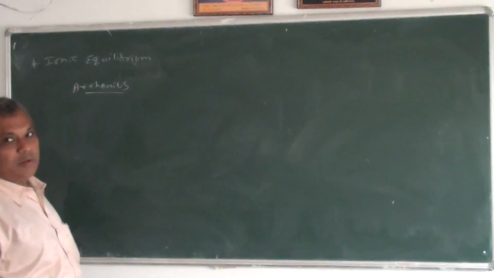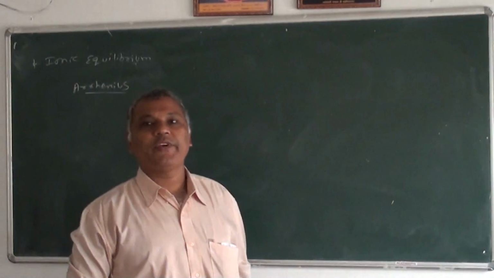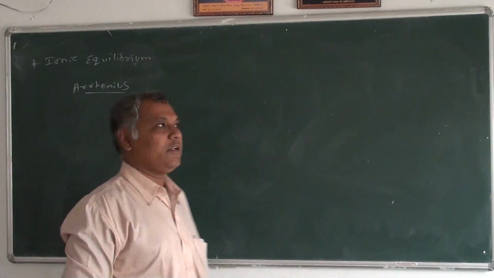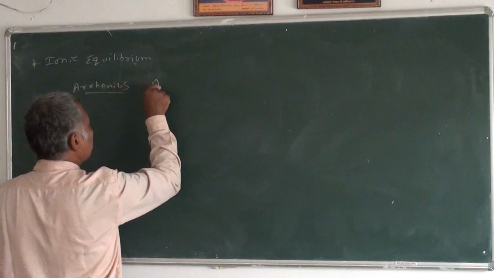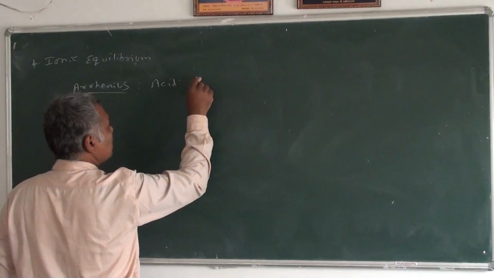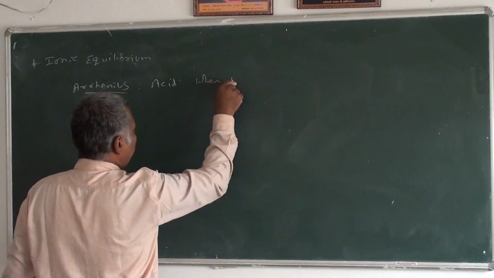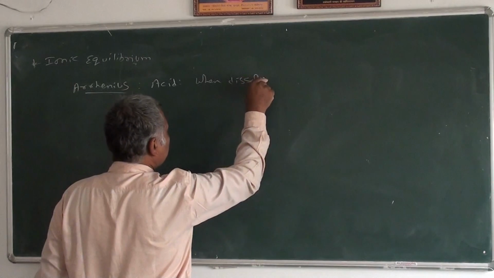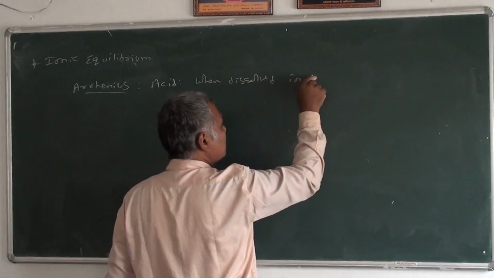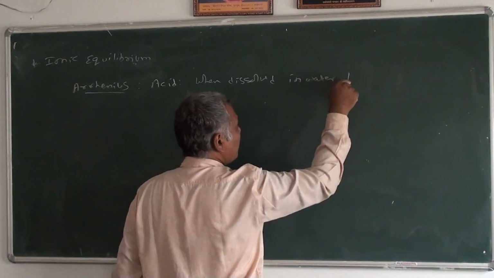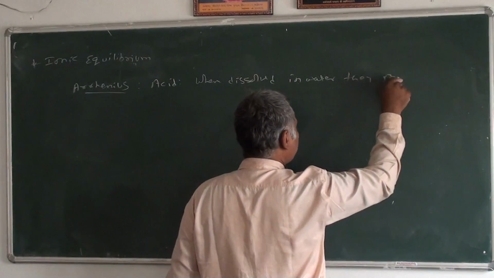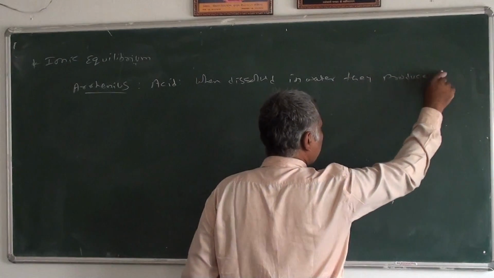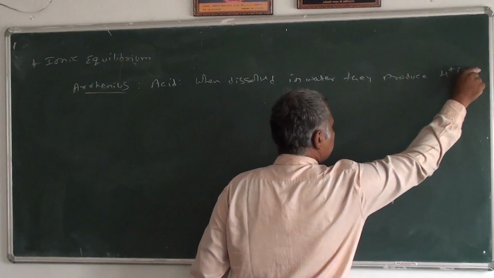Later on, the modification in the definition of acid-base was done by R.G. Parikh. What did he show? Acids, when dissolved in water, produce H plus ions.